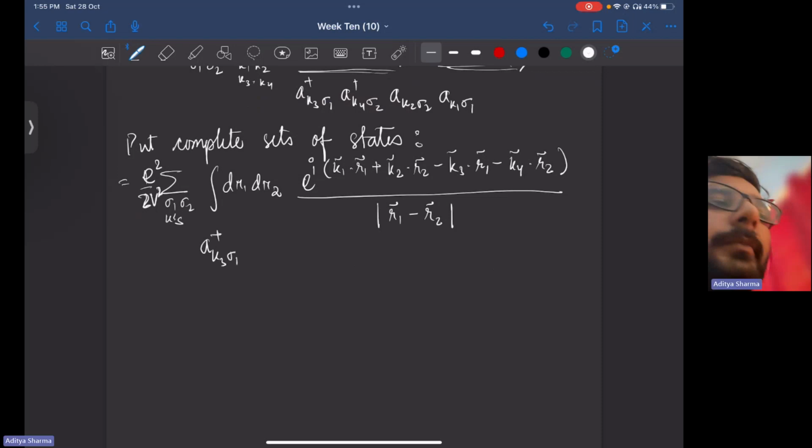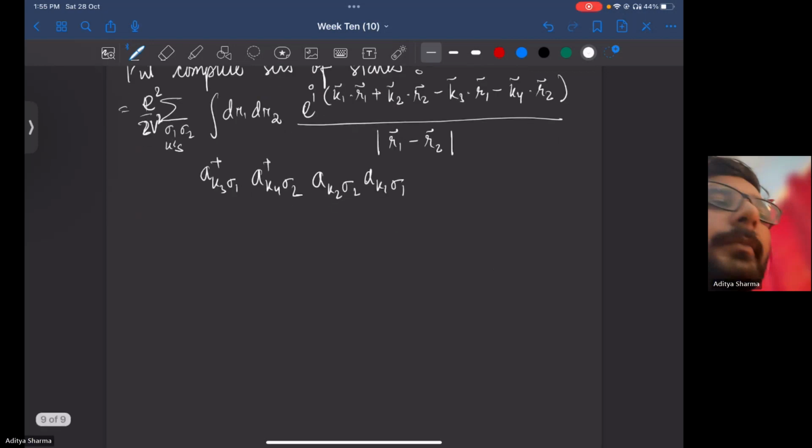K3 sigma 1 dagger, K4 sigma 2 dagger, K2 sigma 2, K1 sigma 1.